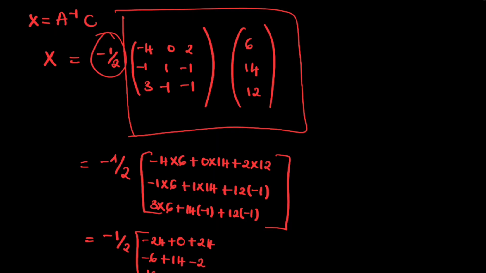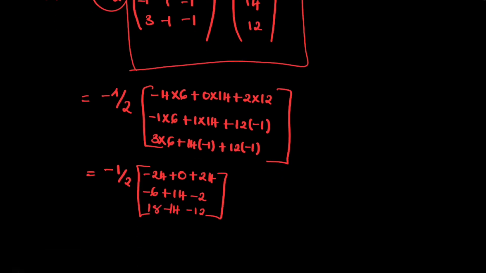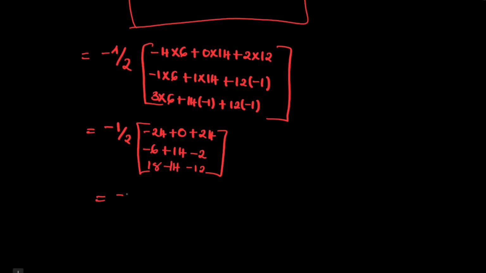And then 18 minus 14 minus 12. So this is minus half. So minus 24 plus 24, that gives us 0.